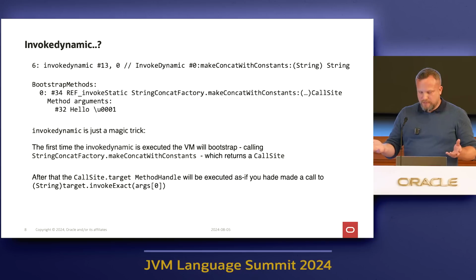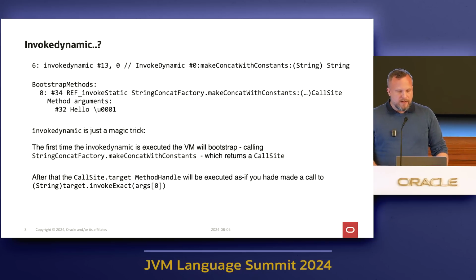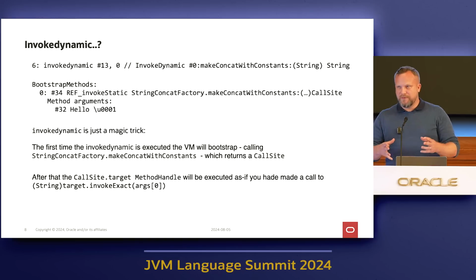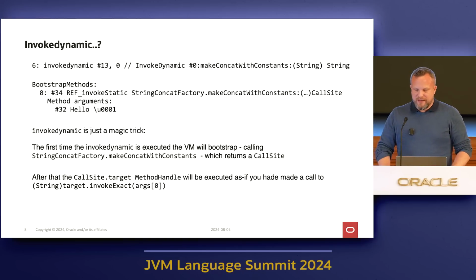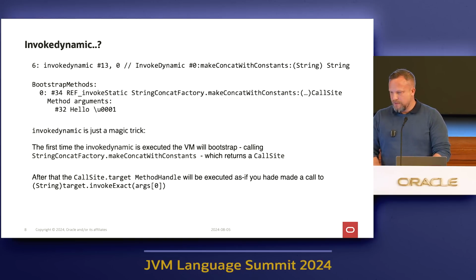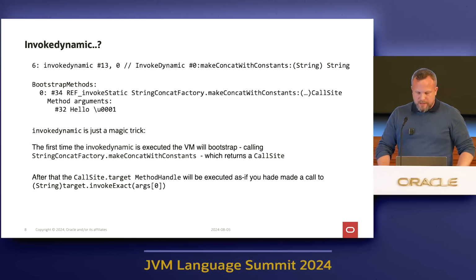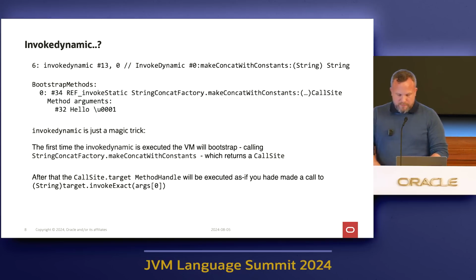The call site has a method handle, and when the call site has been installed, you will execute the invokedynamic as if you were having a target method handle, and you would invoke that exact with the arguments on the stack, and it would return whatever the bootstrap method type says.